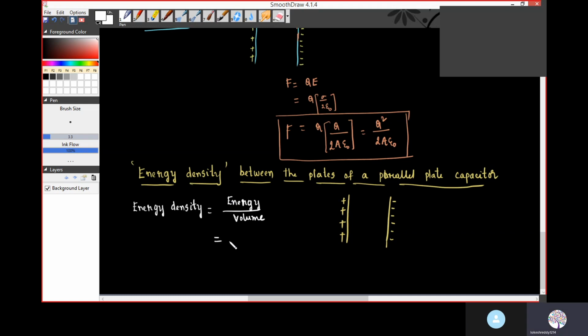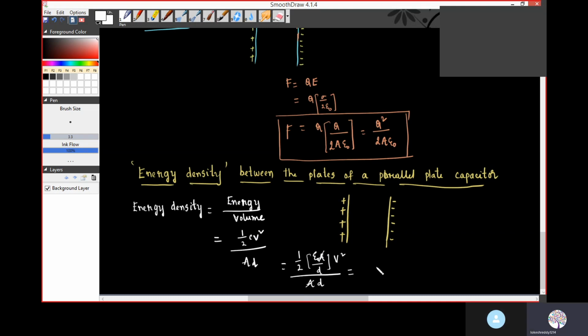Now what is the energy? Energy is half CV square, divided by volume. Volume is area into D. So half into C, which is epsilon naught A by D, into V square, by A into D. Now this A and A cancel.